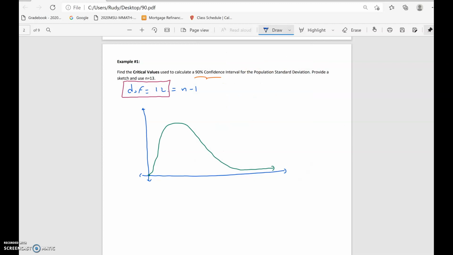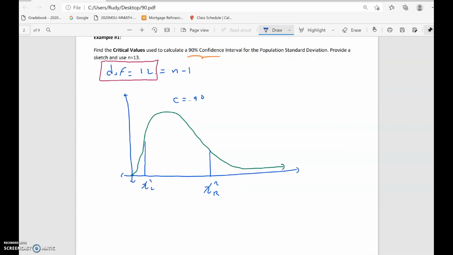In addition, we're going to have C in the middle, and C happens to be 0.90. And then somewhere out here, we're going to have one chi-square value, which we're going to define to the right, and one chi-square value, which we're going to define to the left.